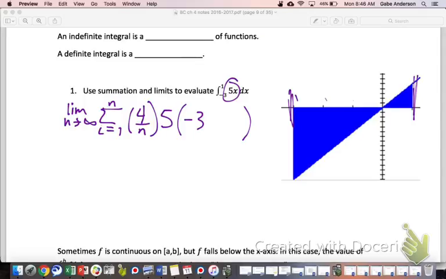That makes sense? Okay. So then we need to progress from left to right, and so we need to add a little bit, and then add a little bit more, and so on and so forth. Every time we add a little bit to get to the next rectangle, how much will we add? Yeah, the width of each rectangle.